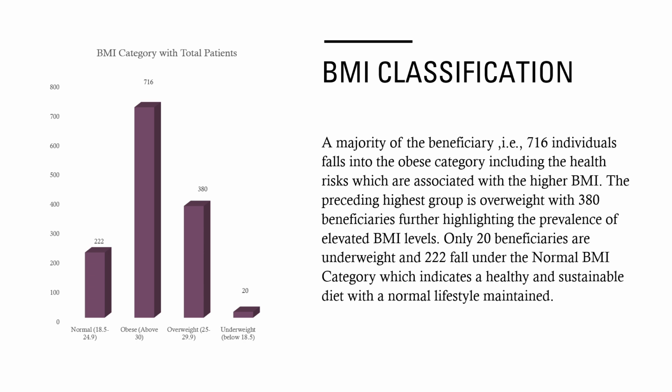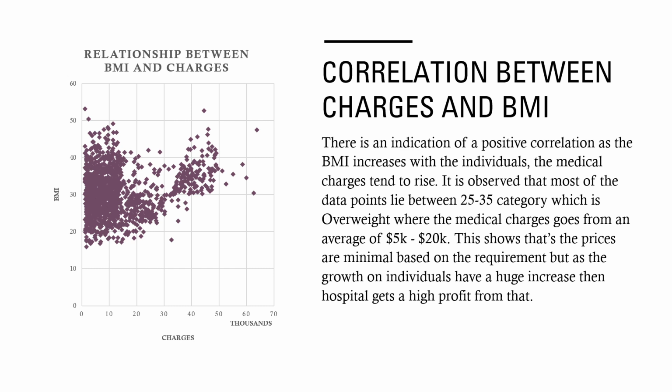Other areas are also there, but the southeast has a bit more obesity than the other areas, which would give them high medical charges, which is good for the health institutions but not good for society. So certain areas should be addressed regarding this as well.